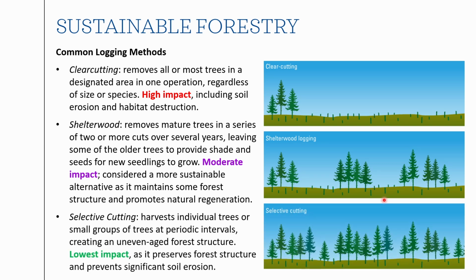Probably the most sustainable approach is what we call selective cutting or selective harvest. Basically, you're taking individual trees or small clumps of trees based on their value. You might analyze the trees for their size and their ability to produce lumber. This has the lowest environmental impact as it preserves the forest structure, prevents soil erosion, and maintains biodiversity throughout the forest.